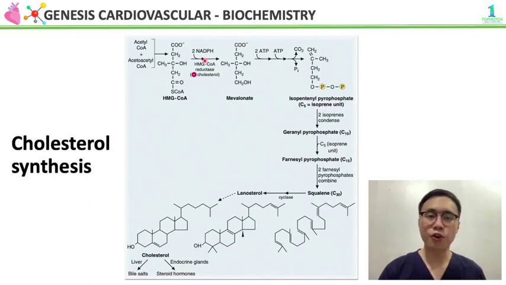But in the presence of your HMG-CoA reductase inhibitor, which is basically the statin, this will be inhibited early on in the pathway, so it will not be able to proceed. Okay? This is very important since HMG-CoA reductase is actually the rate-limiting step. So this is where the statins come into play.